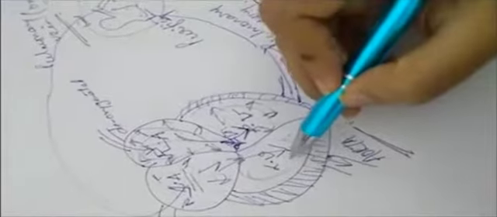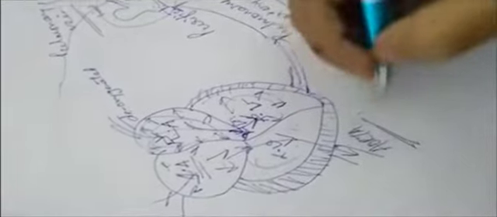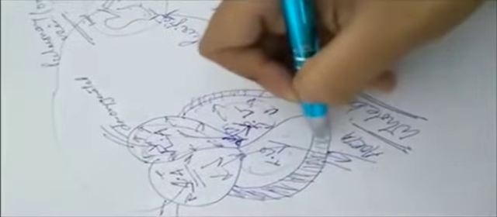But the left ventricle is sending the blood to the whole body. Whole body means a lot of organs, and it has to reach each and every part of our body. So the force should be more. So more muscular strength is needed. This is the reason why the walls of the left ventricle are thicker in comparison to the right ventricle.